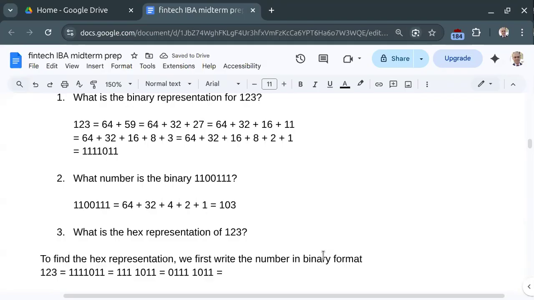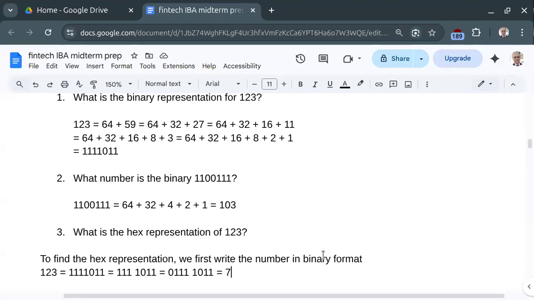Okay? And once I have done that, now I can immediately translate to the hexadecimal representation. The first digit is a 7, right? Because 0111, 4 plus 2 plus 1, that's a 7. And the second number is 8 plus 3, which is 11.